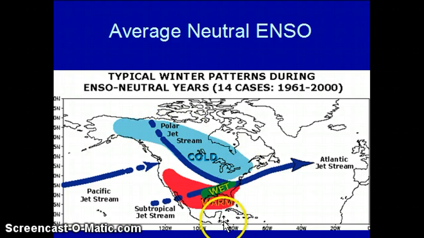And the average cases between 1961 and 2000 led to wet conditions in places like Ohio, Pennsylvania, and the southeastern United States, with cold air coming in from Canada and the Midwest and towards the Northeast, with jet streams coming in like that. Now, this will lead into my winter forecast, and this is the temperature map coming up.